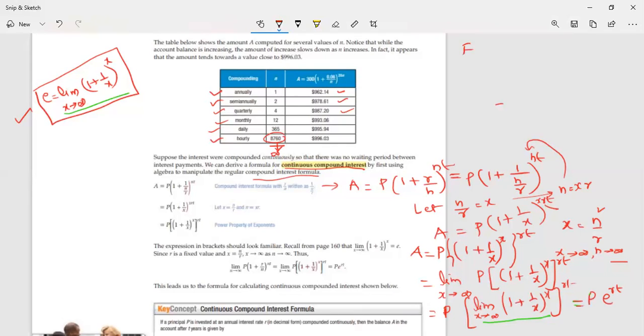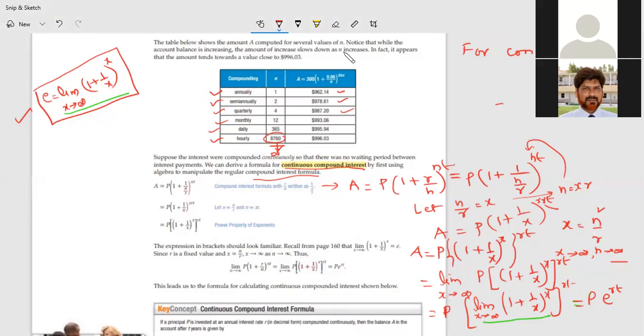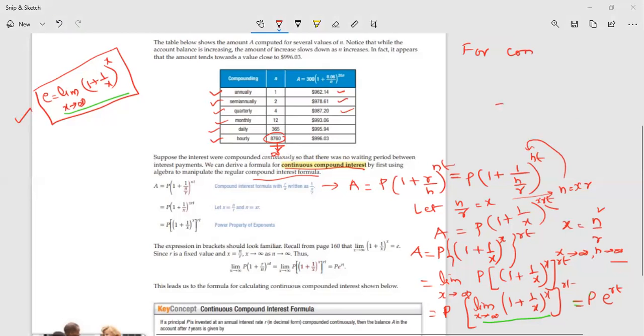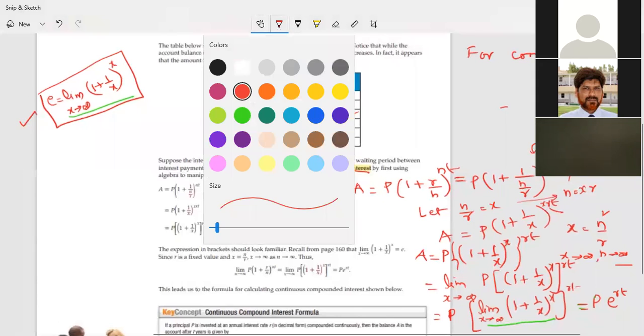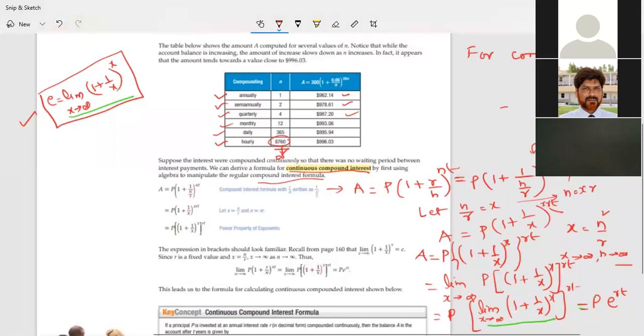So we have concluded that for continuous compound interest, we can use the formula for finding the amount after 10 years, 20 years, 30 years.